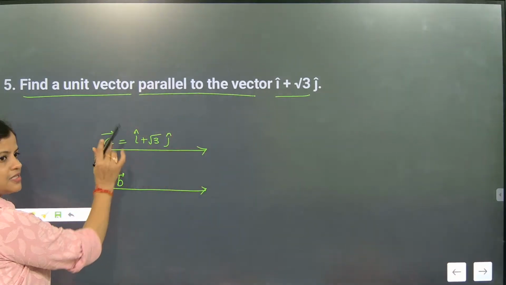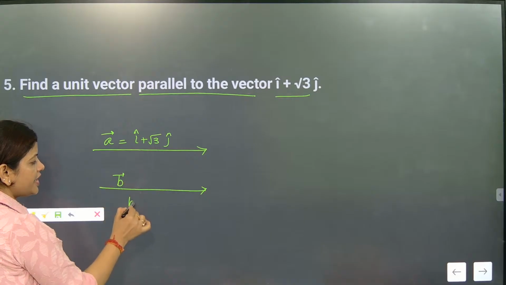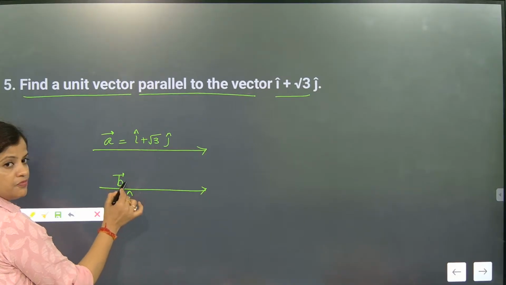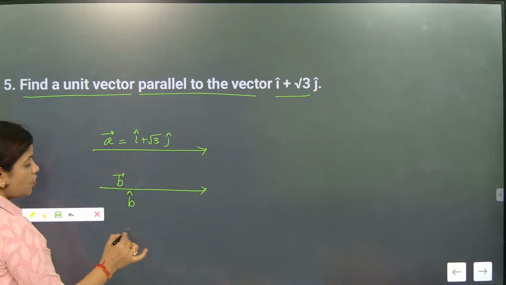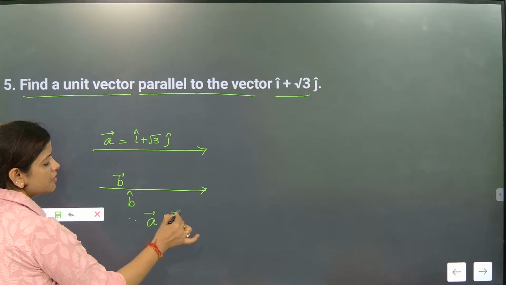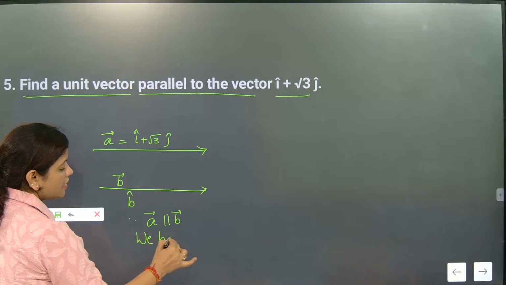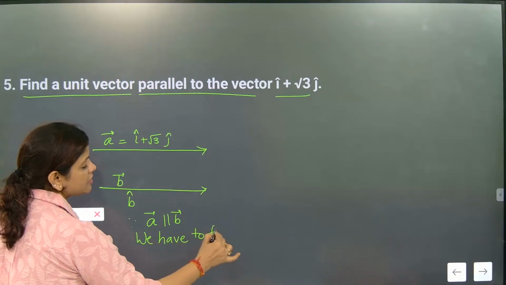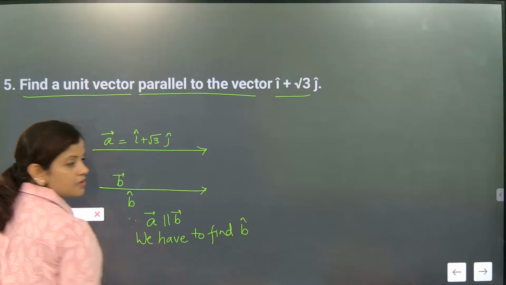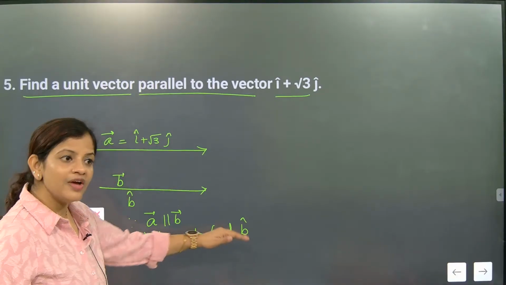So we have to find the unit vector of another vector which is parallel to A vector. So what is given? A vector is parallel to B vector. We have to find B cap.